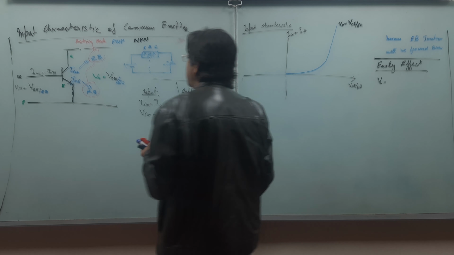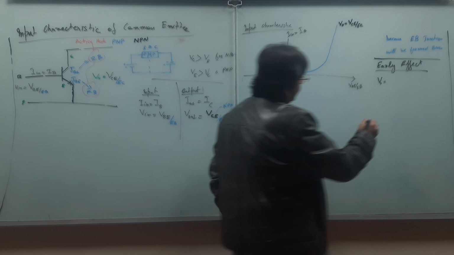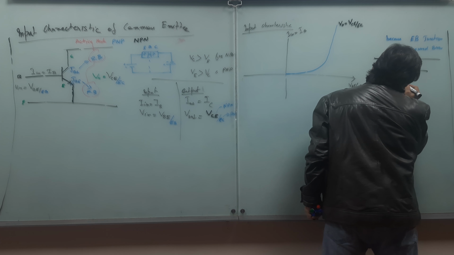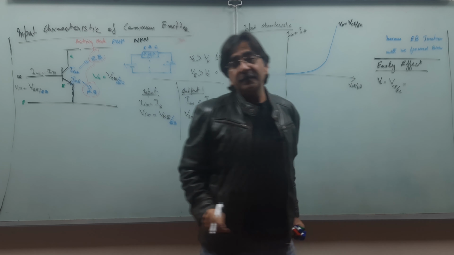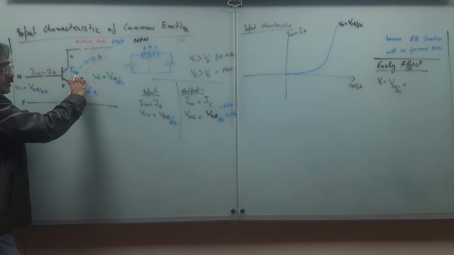What is the output voltage? That is VCE, or EC. And this voltage is a combination of this voltage and this voltage.